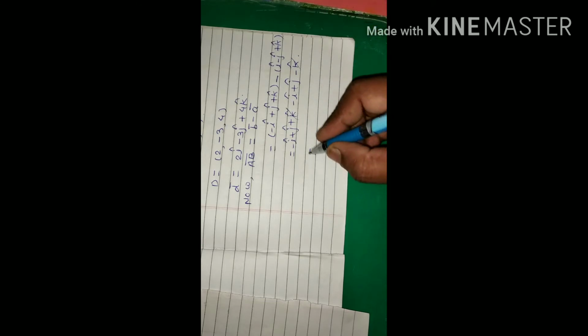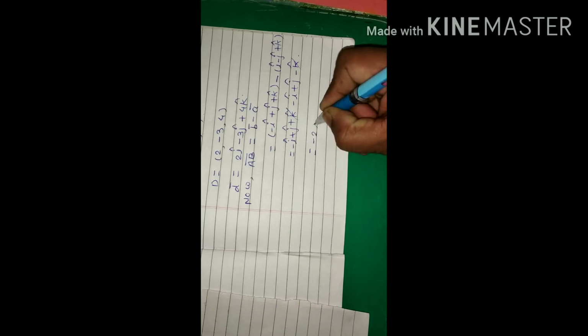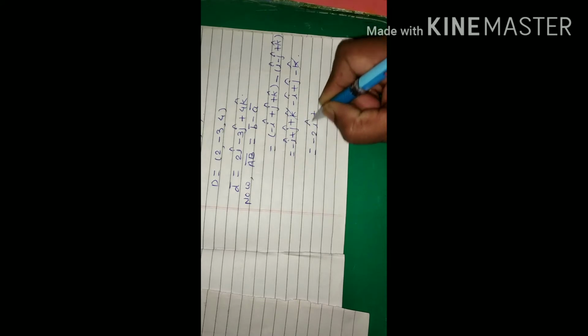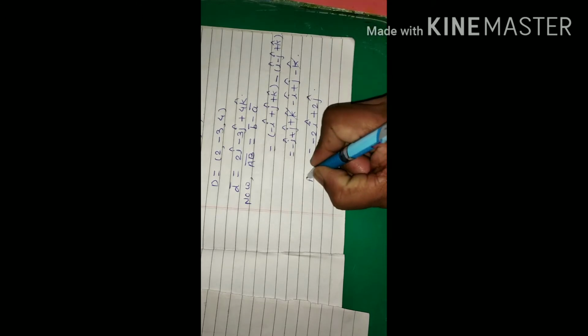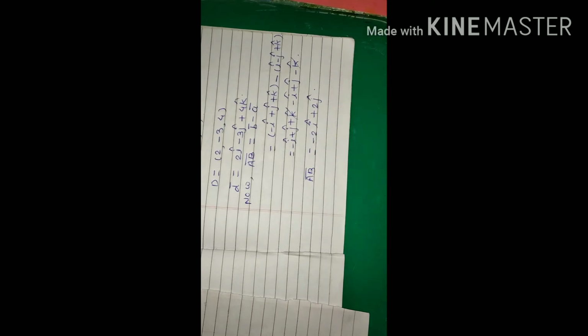The k cap terms get cancelled. We get minus 2i cap plus 2j cap. That is the value of AB bar. AB bar is equal to minus 2i plus 2j.